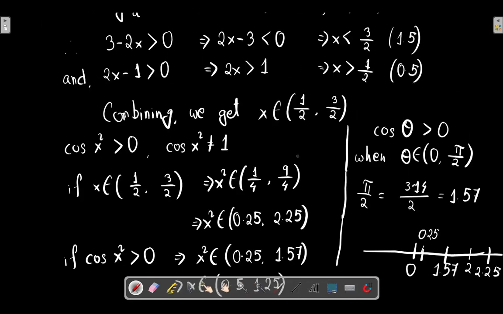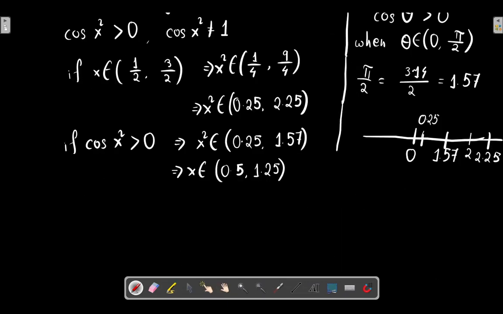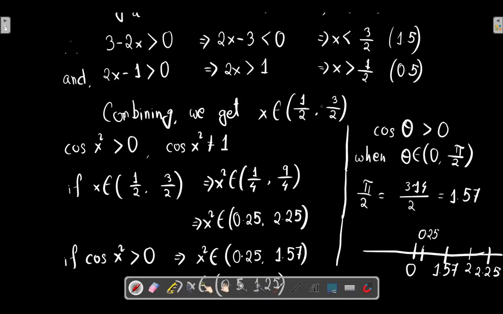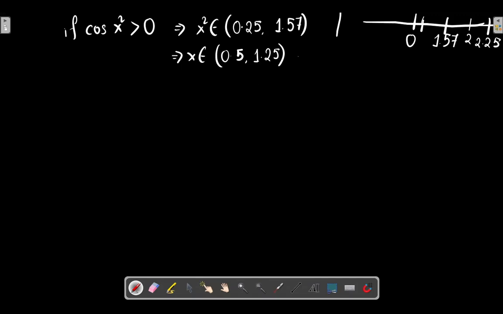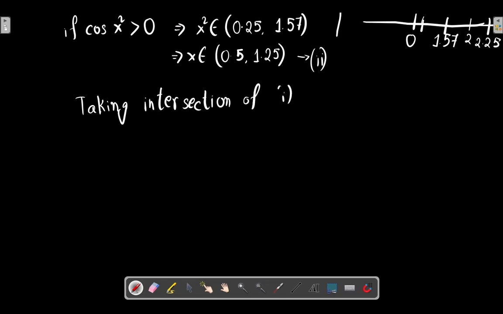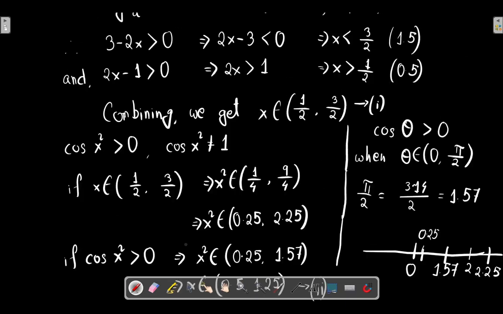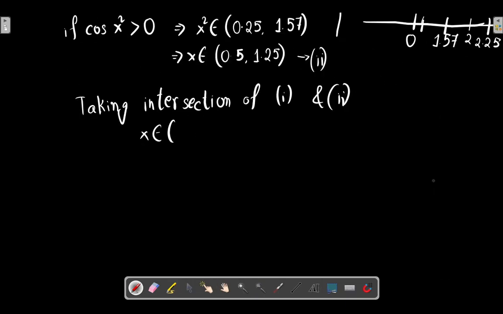So first of all, we got x to be 0.5 to 1.5. Now we are getting x to be 0.5 to 1.25. So taking the intersection of 1 and 2, we see that x must belong to the common region, right?